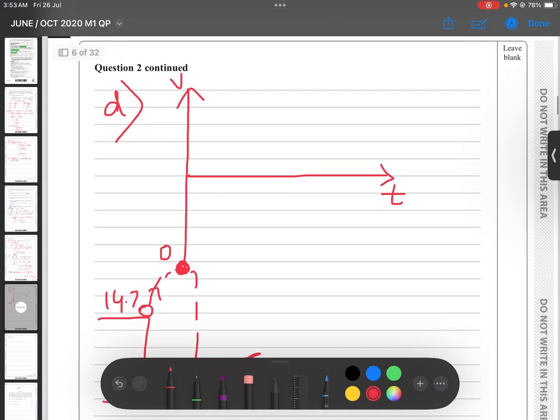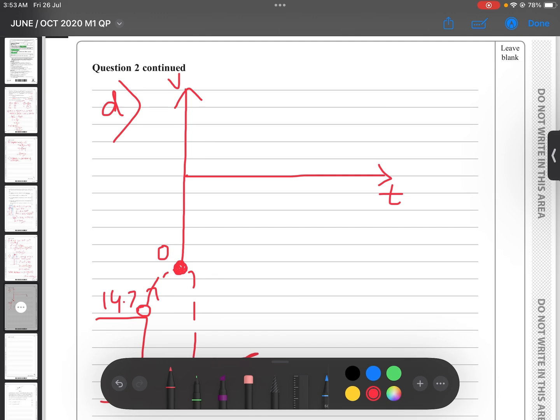Let's draw the graph. Imagine this is 14.7. It goes and travels, and at some point the velocity becomes 0. This is when it is at the highest point, okay? And then again it's going to start increasing, but in the negative direction.